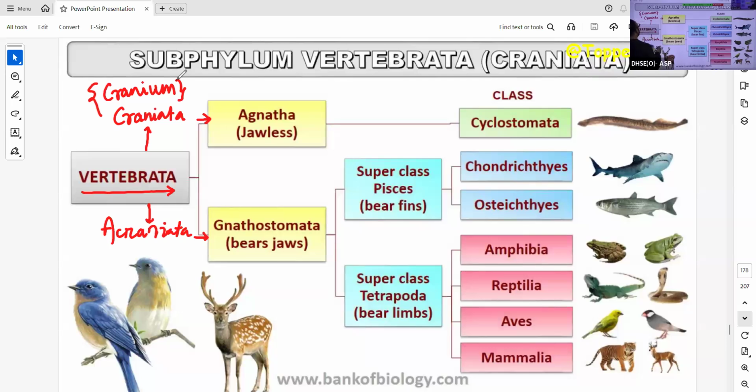समझ गए। फिर यहां से नेक्स्ट आया आपका अग्नाथा और जॉलेस एंड ग्नाथोस्टोमाटा दैट बेयर जॉज, ठीक है, मीन्स माउथ इज नॉट हैविंग एनी जॉ, whereas here the mouth is having jaw. Gnatho implies jaw, stomata implies mouth, so mouth is formed by jaws, hence gnathostomata.